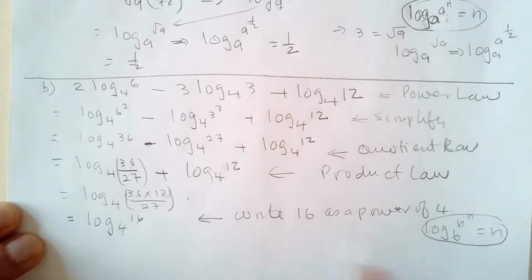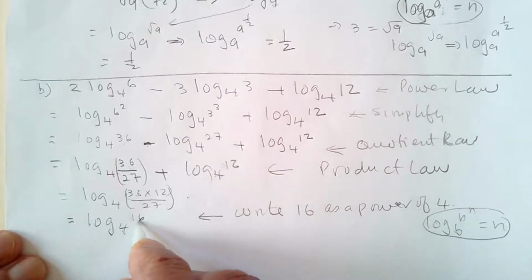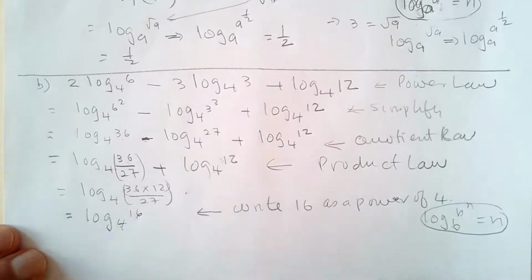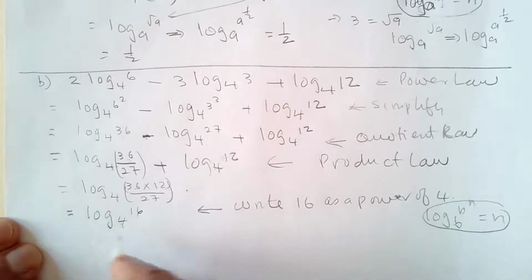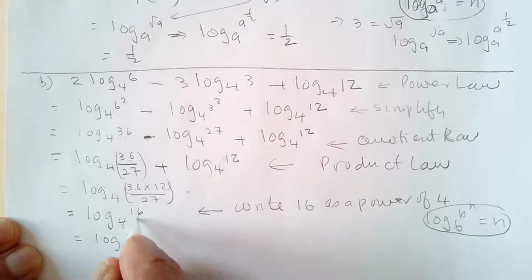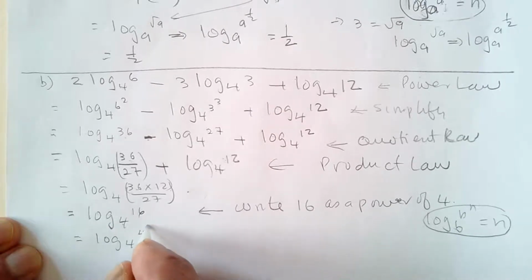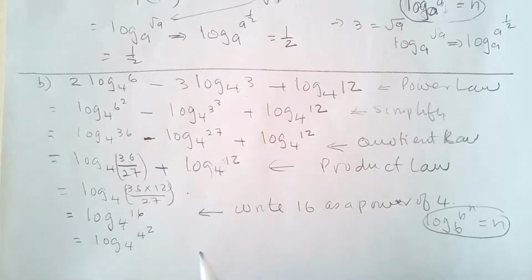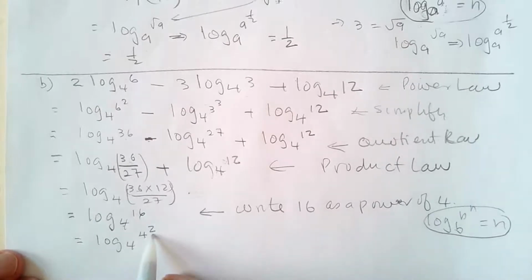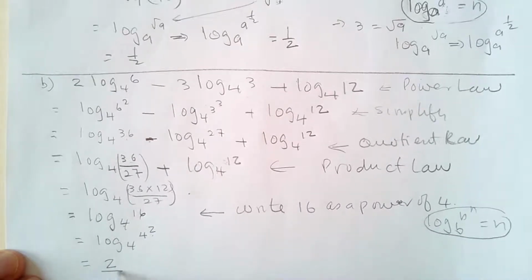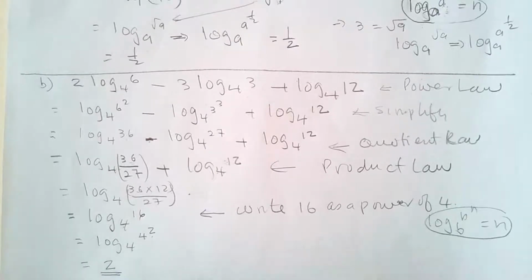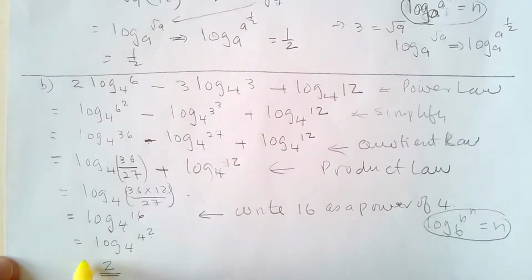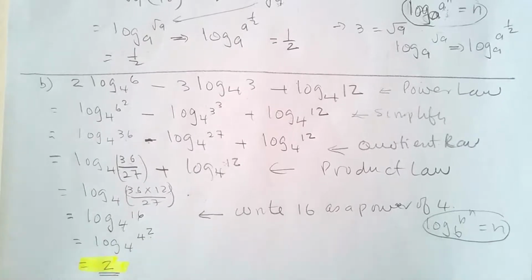That's why we want this to be the power of 4. So it gives me log base 4 of 4 to the power 2. Now, our result would be 2. So all that wonderful work, we ended up with a nice number 2.